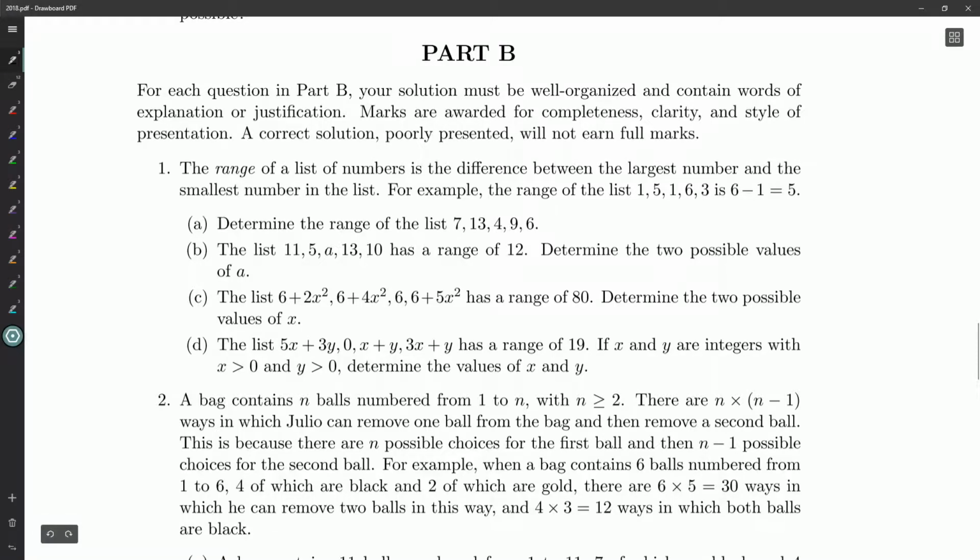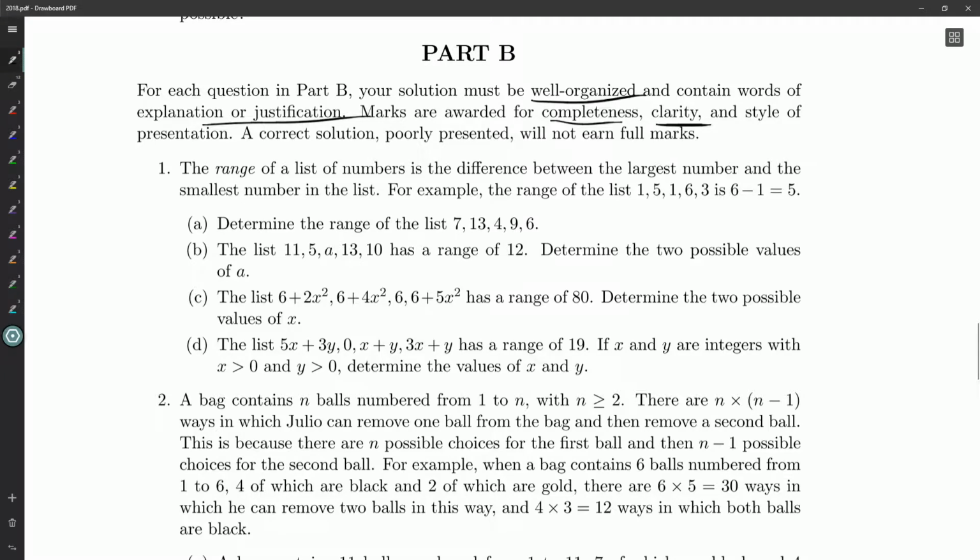For each question in Part B, you need to have a well-organized solution containing justifications. Marks are awarded for completeness and clarity, and I do want to emphasize the clarity. Try and make sure everything flows and things are explained clearly, because we mark these, and if we don't understand what you're doing, we're not going to spend the next hour conversing amongst ourselves as to what you might be talking about.